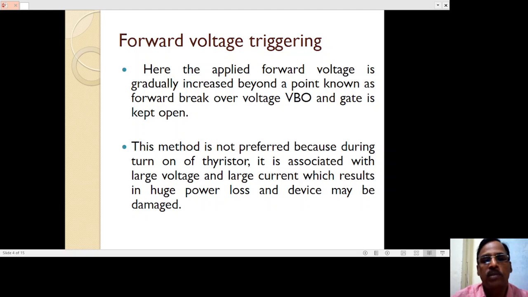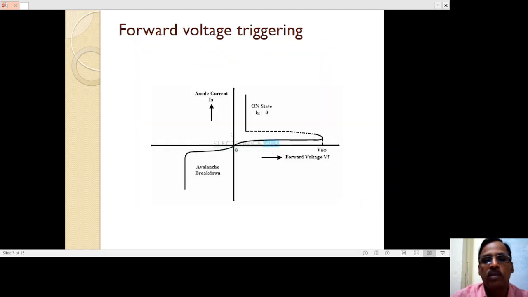What is forward voltage triggering? In this method, we are applying forward voltage. Means anode is connected to positive side, cathode is connected to negative side. Voltage increases gradually. See the figure here. In this case, supply voltage is between anode and cathode.